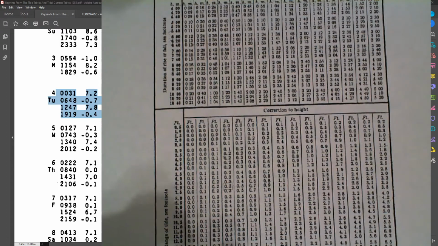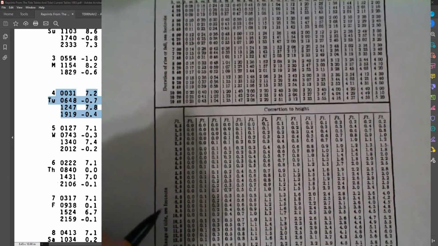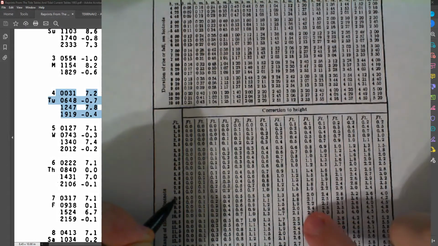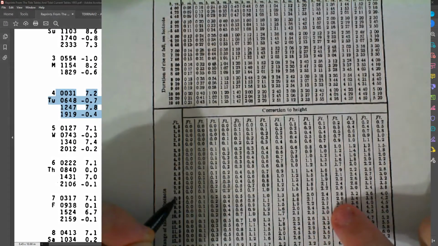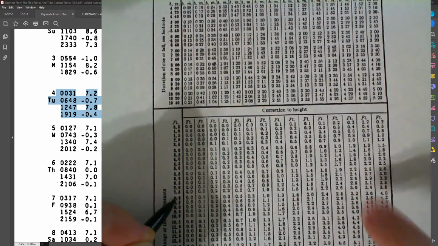The range of tide is 7.8, so we're going to round that up to 8. So we're going to go over here, and we're trying to find 3.4. The 3.4 is right between those two. So you could either interpolate or simply use the one that the Coast Guard is looking for.